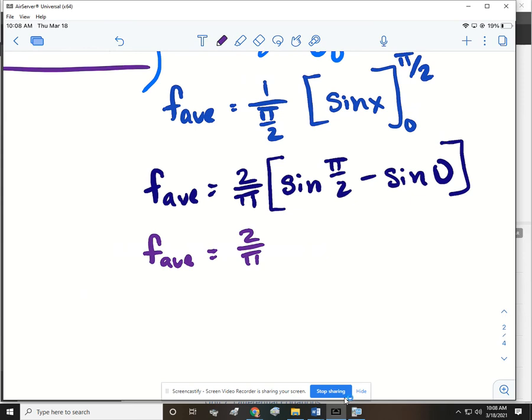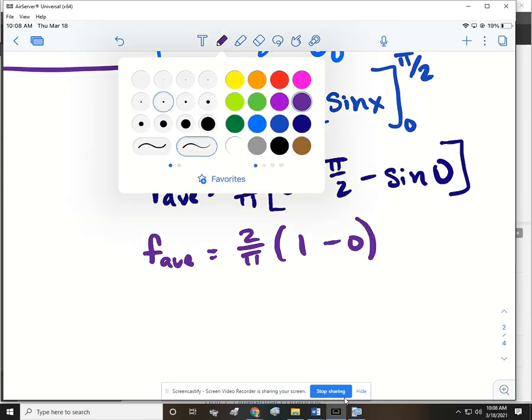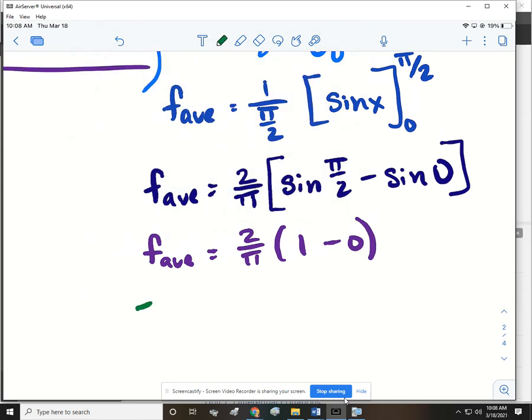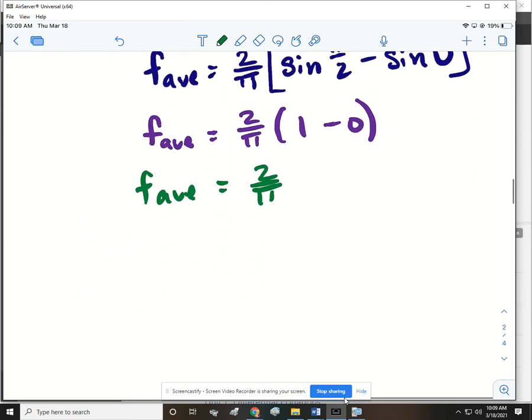The sine of pi over 2 is 1, and the sine of 0 is 0. So our average value of that function is going to be equal to 2 over pi. So that's the answer to the first question.